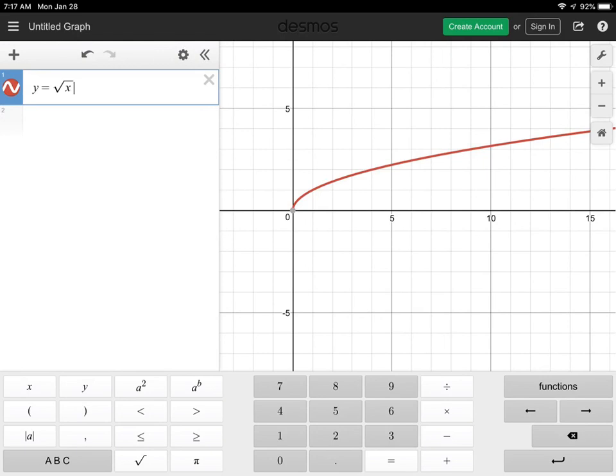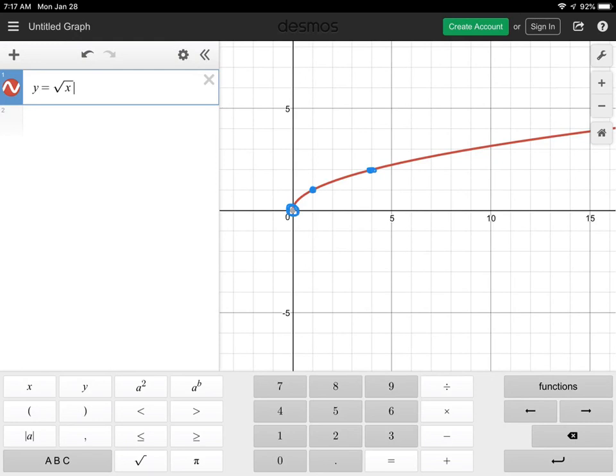So you'll notice right here, this is like your vertex. If you go 1 up and 1 over, you've got a point right here. If you go 2 up and 4 over, you've got a point right here. So it has the same features as our quadratic function, but it's on its side.